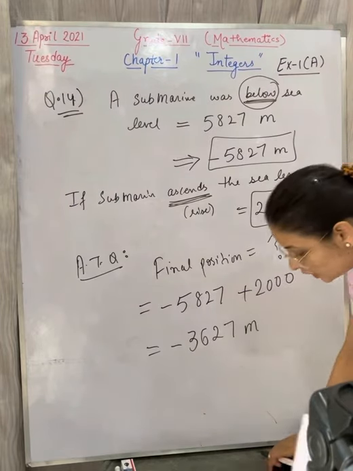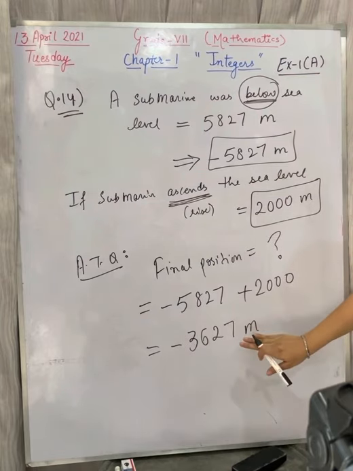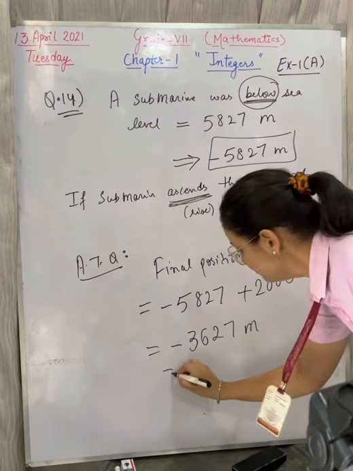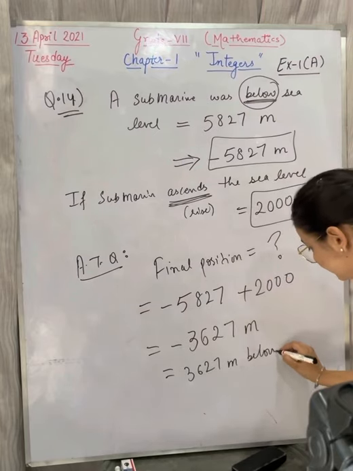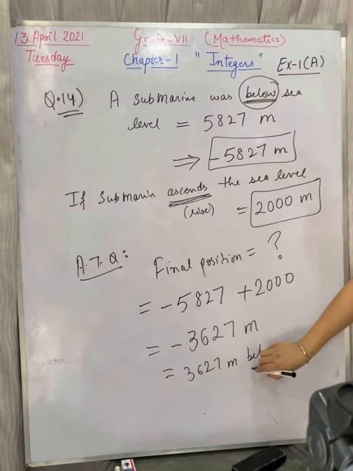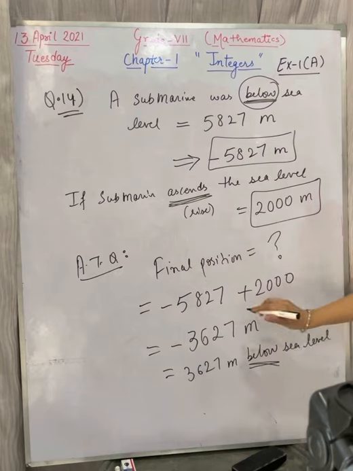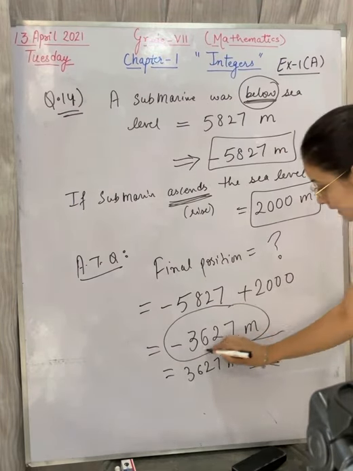In your book you can write minus 3627 meter, or you can write 3627 meter below sea level. If you are writing below, then you can write 3627. If you are not writing below, then write minus 3627 meter. Any doubt in this question?